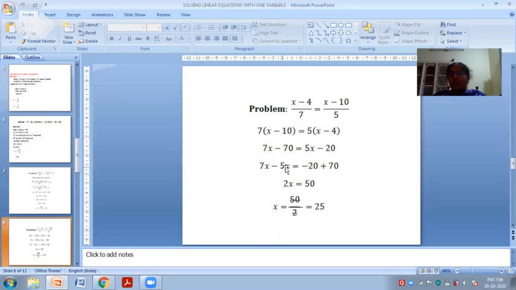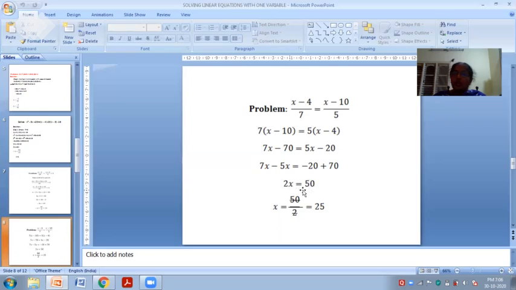Similarly, we transfer the minus 70 to the RHS side, and the sign becomes plus. Remaining is 7x minus 5x, 2x. Which is the bigger term? 70 is the bigger term. Therefore, 70 minus 20, how much is remaining?